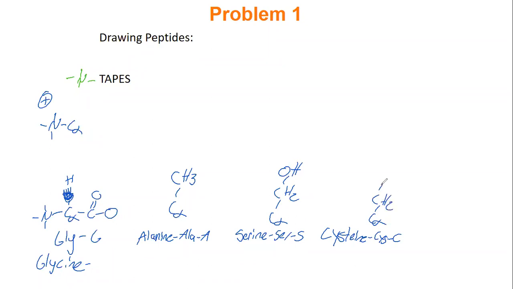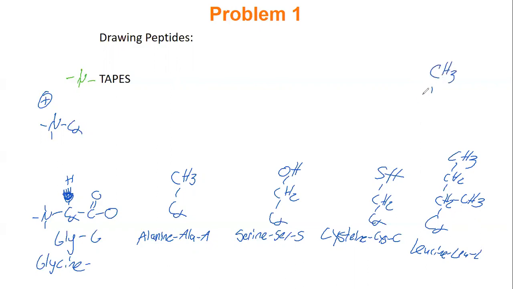So the way I do this is I start with the simplest and just start building off there. That's what helped me. Leucine looks like an L, the side chain. Isoleucine is like leucine, but it's different because it's called iso.